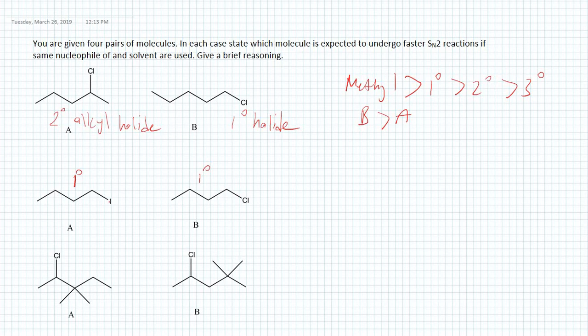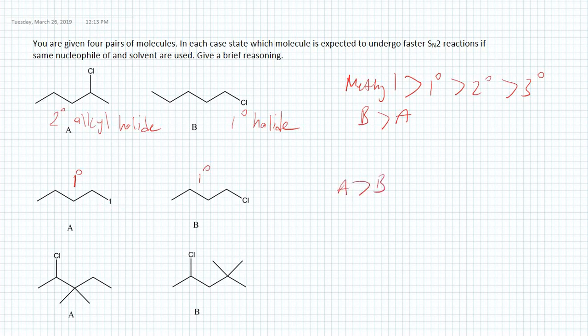Which leaving groups are best for SN2 reactions? Those that can stabilize the negative charge. The iodine leaving group will become an iodide anion, and the chlorine leaving group will become a chloride anion. Iodine is a bigger leaving group than chlorine and is expected to stabilize the negative charge more, so A, the first one, is expected to react faster than B.